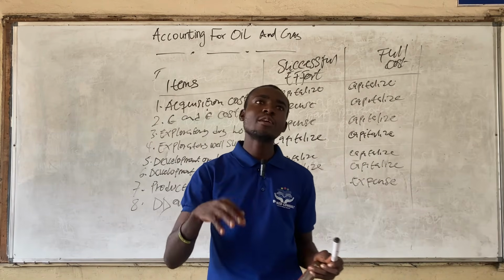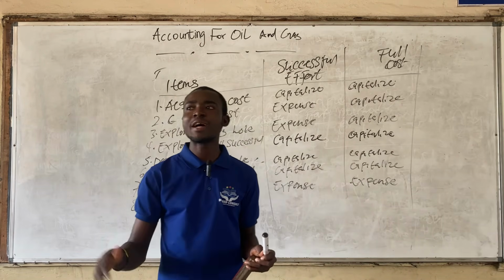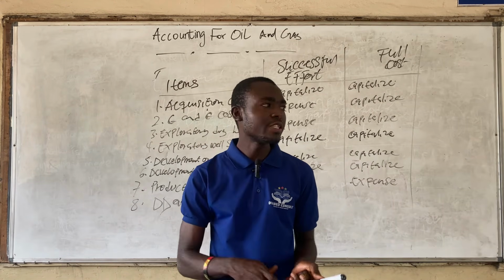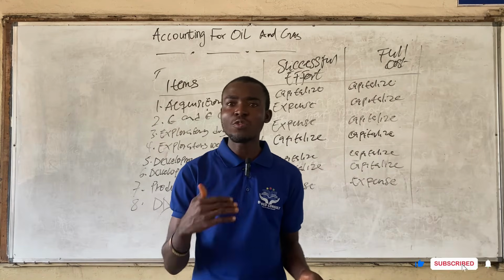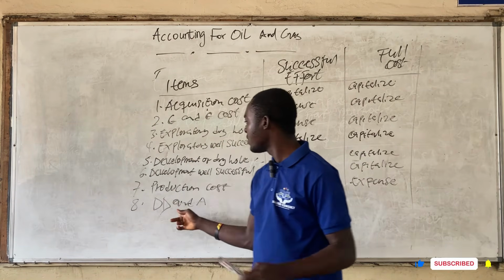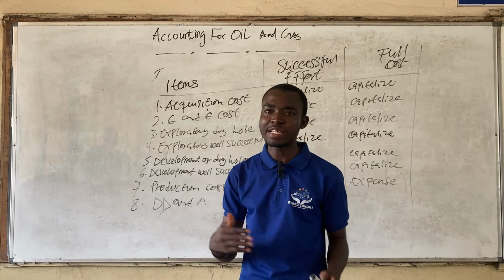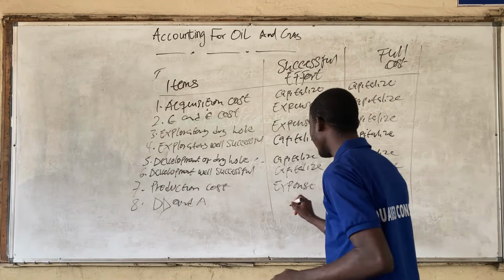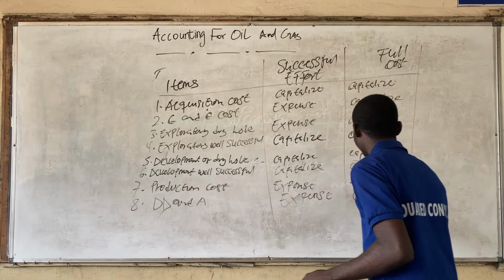In our normal accounting, we treat them as an expense in the profit and loss account. The same situation applies in the accounting for oil and gas too. So depreciation and amortization will be written off as an expense in the income statement at the end of the accounting year. Under both methods, it will be recognized as expense.